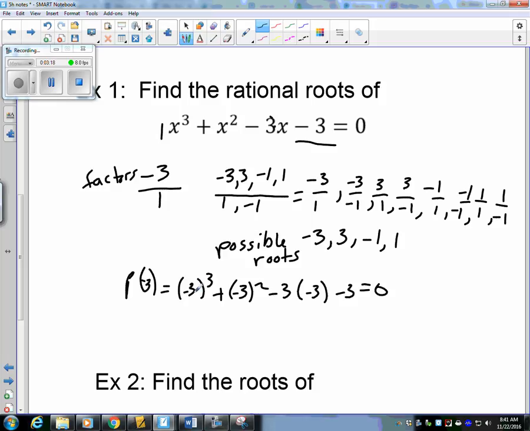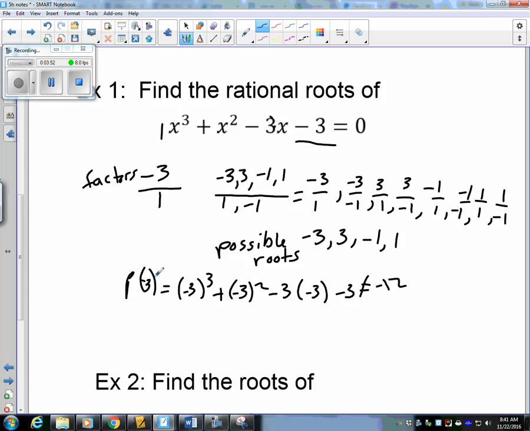So (-3)^3 is -27, plus 9 is -18, plus 9 again is -9, minus 3 is not equal to 0, this is equal to -12. So in this case, it equals -12, so -3 is not a root.